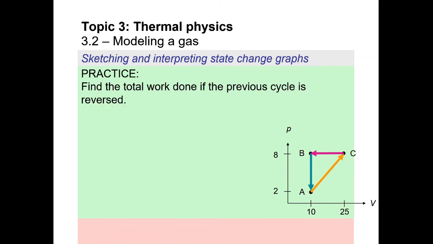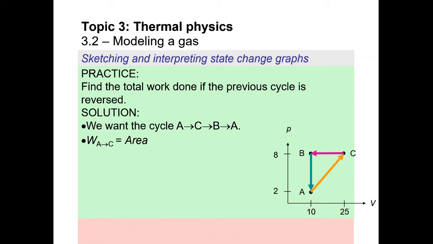Now find total work done if the previous cycle is reversed. Then we want the cycle A, C, B, A. A to C, as gas is expanding, we're going to get a positive work done. And we can break down into rectangle and triangle. That equals 2 times 15 plus triangle 1/2 times 6 times 15. That's plus 75.